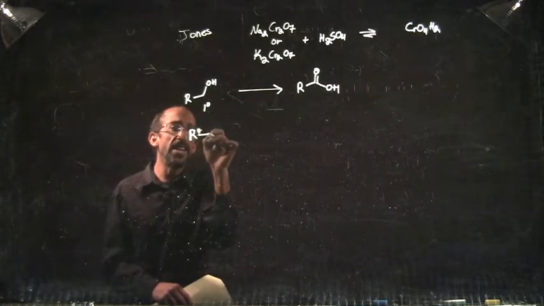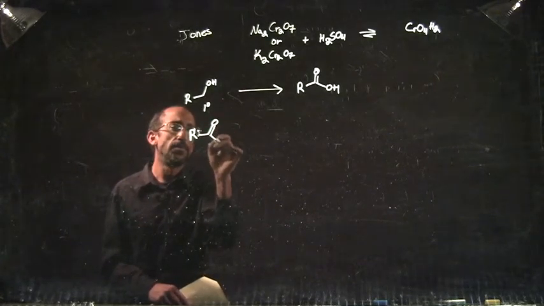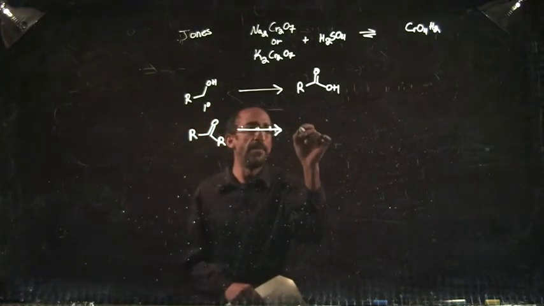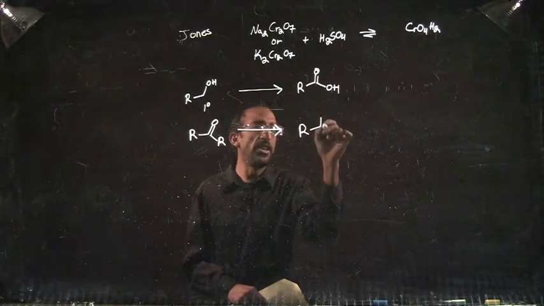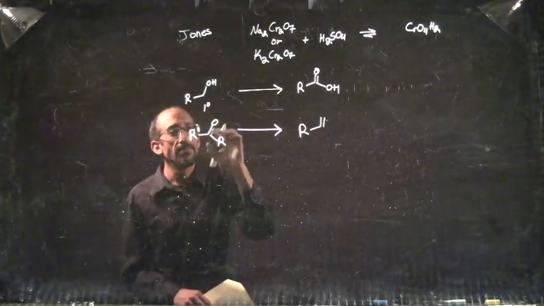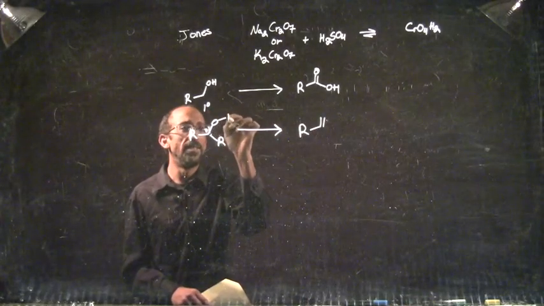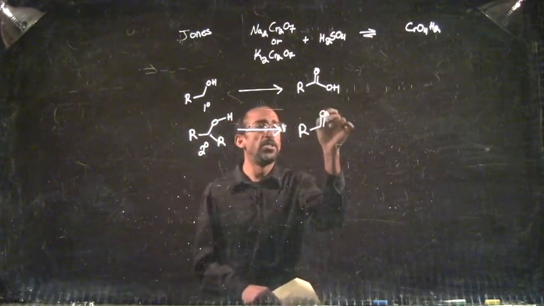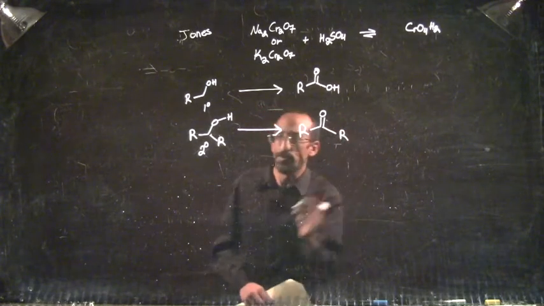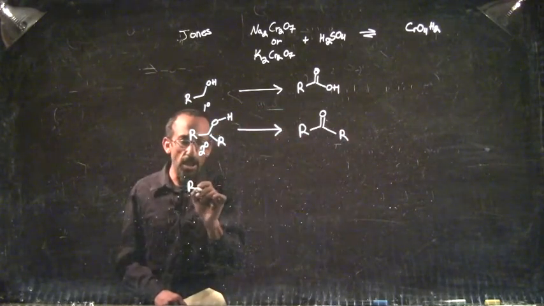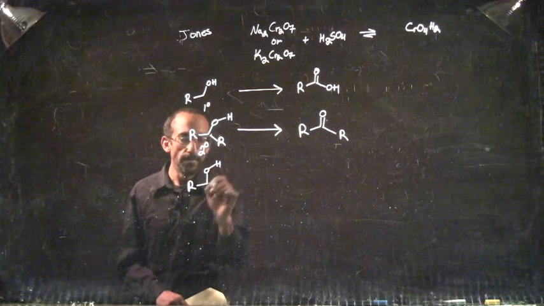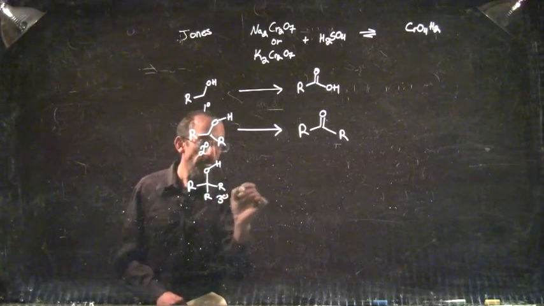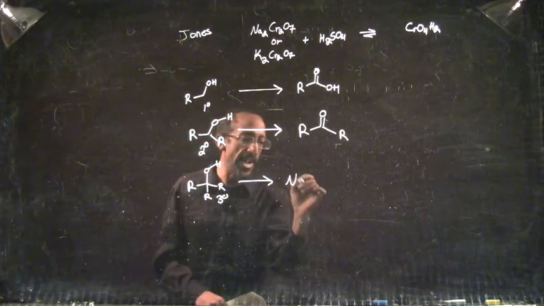If I have a secondary alcohol, Jones conditions will take that to the ketone. A secondary alcohol under Jones conditions will take us to a ketone. A tertiary alcohol, we get no reaction.